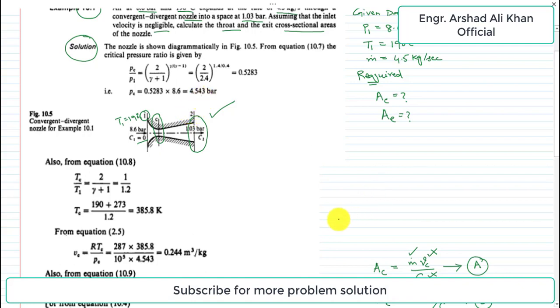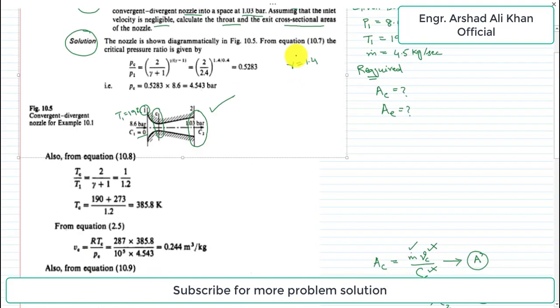Now to find these values VC, CC, V2 and C2, we will need some other supporting parameters and relationships. So first of all, we will find the critical pressure at throat. For that, using the expression PC by P1 is equal to (2 by gamma plus 1) power gamma by gamma minus 1, where in this case for air the value of gamma is 1.4.